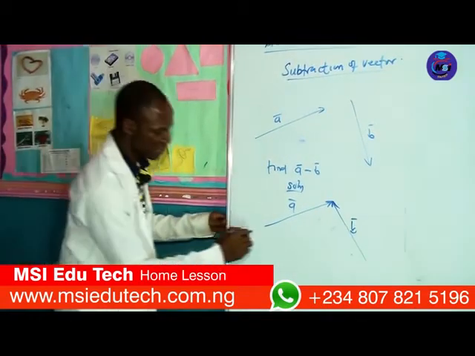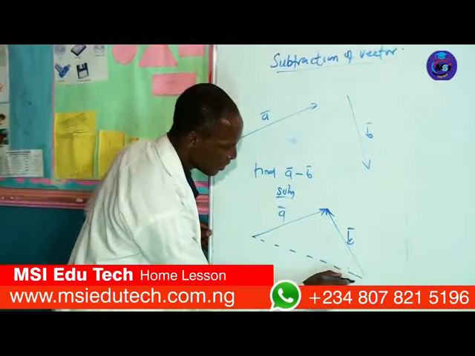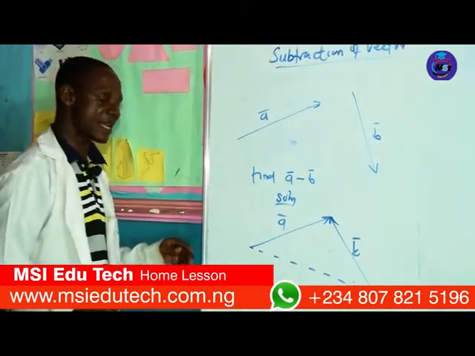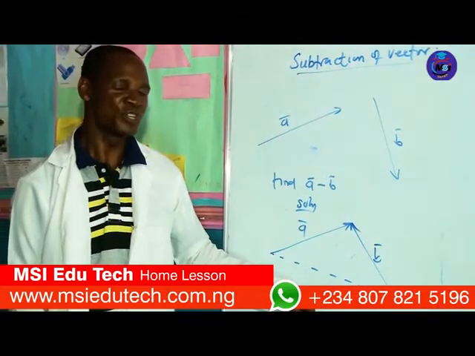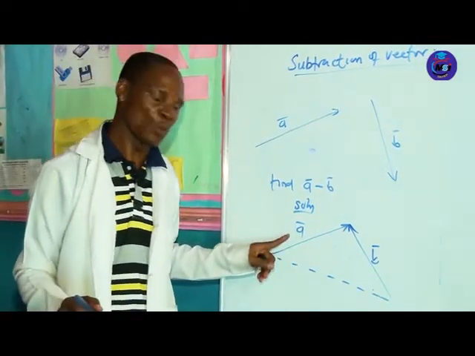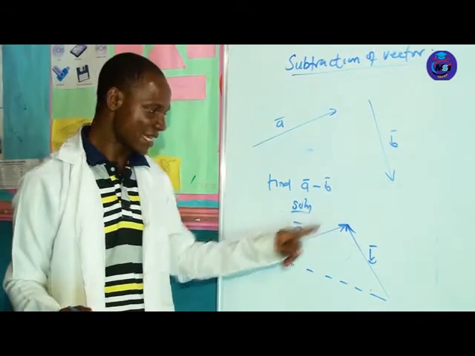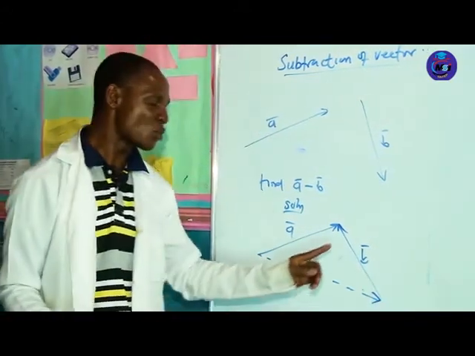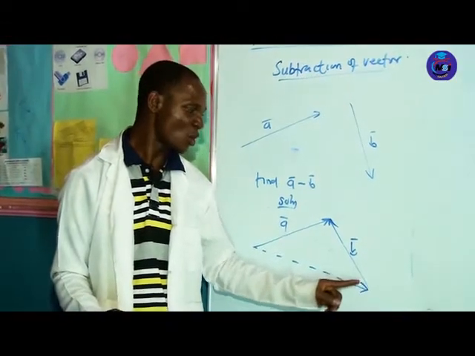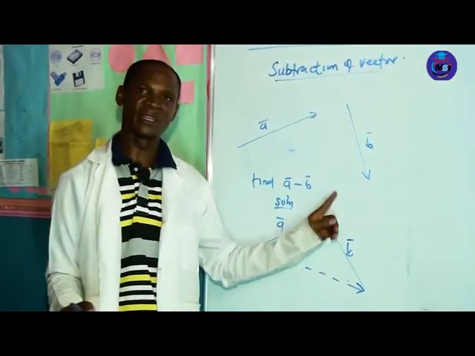So we now connect this place. That's our resultant vector. Like I said, the tail of our resultant will still be with the tail of the first vector, which is A. This is the tail, this is the head. So the head will no longer be here, just because the direction of B is reversed.